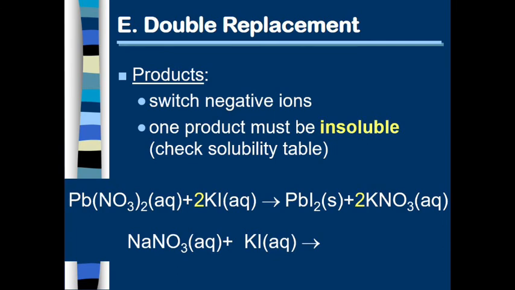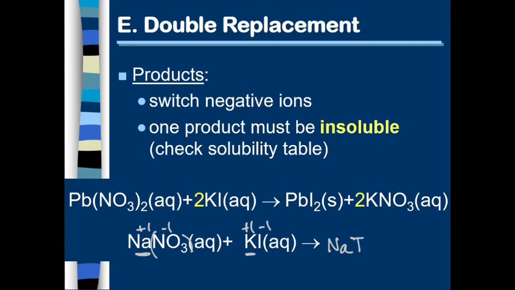And then the last one, again, if you had to predict products here, your Na, your sodium, and your potassium are both metals. They would swap partners. So notice everything here. Sodium's a +1, nitrate's a -1. Potassium's a +1, iodide is a -1. So even when you cross over charges, you're still going to get everything has charges that cancel.